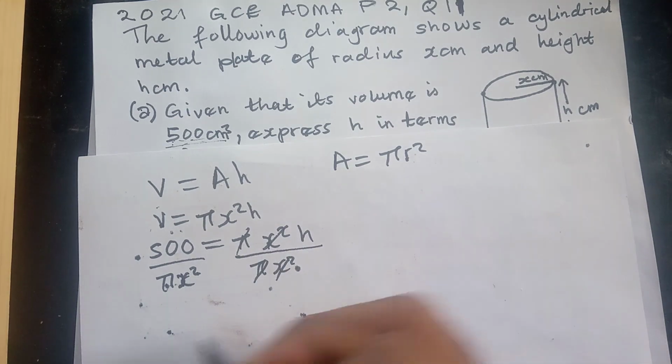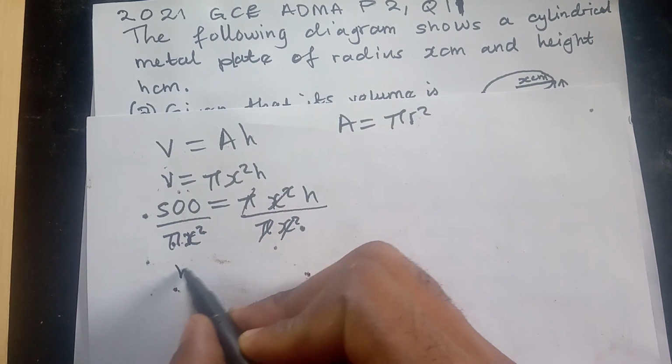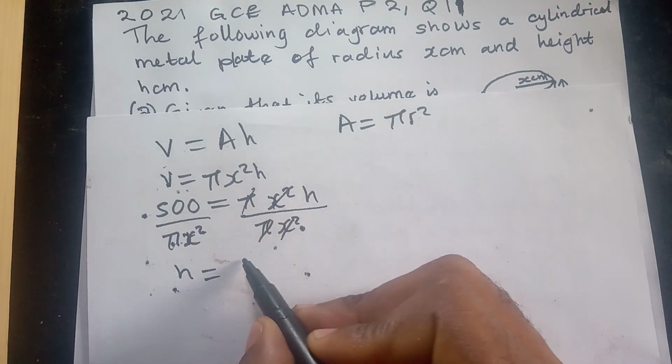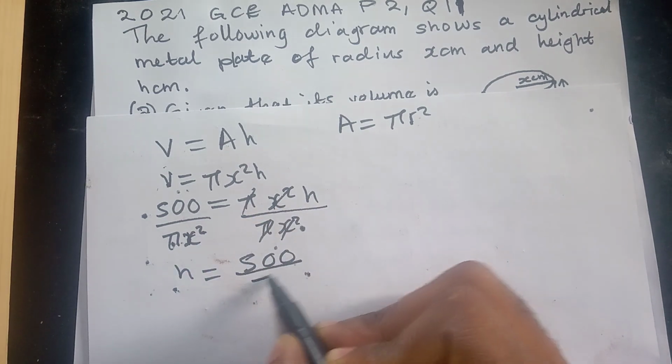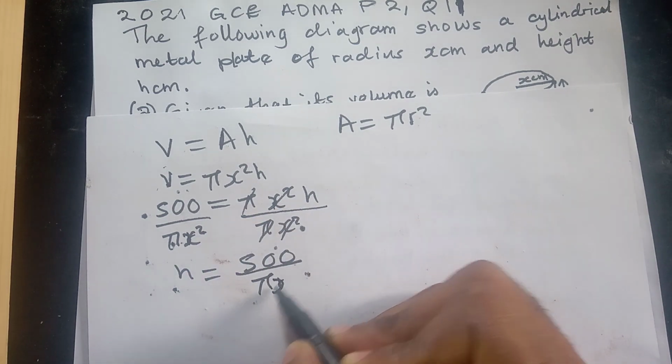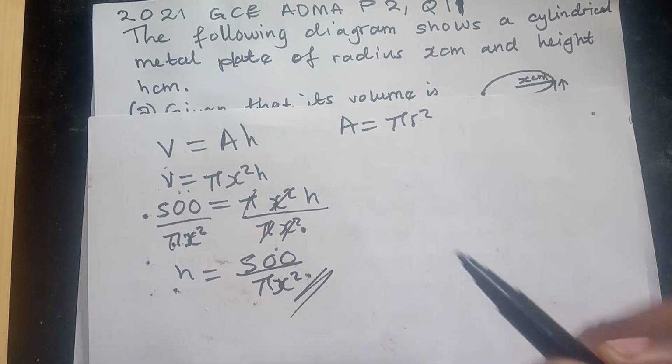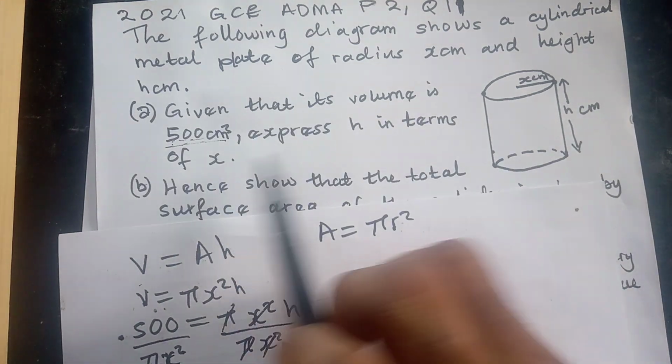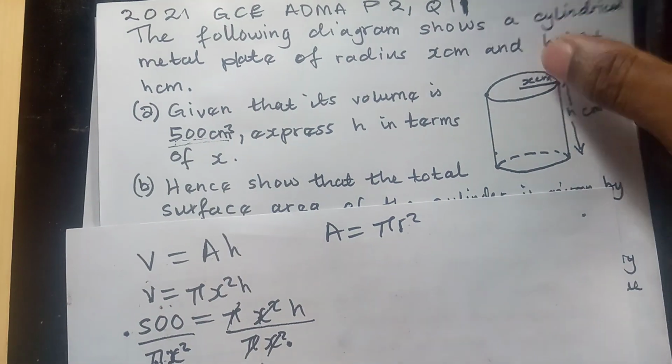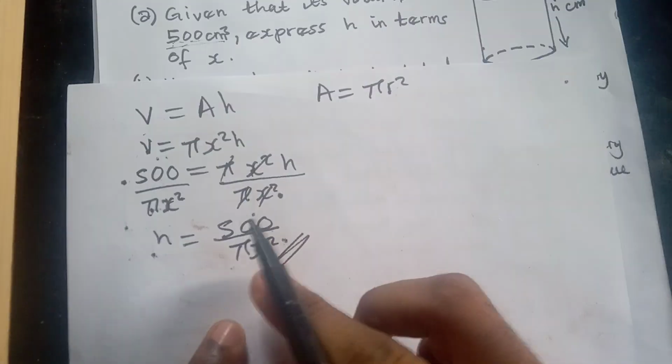So writing h this side, we have 500 over pi x squared. That means you have expressed h in terms of x. As you can see, we only have an x. This one is equally a constant.